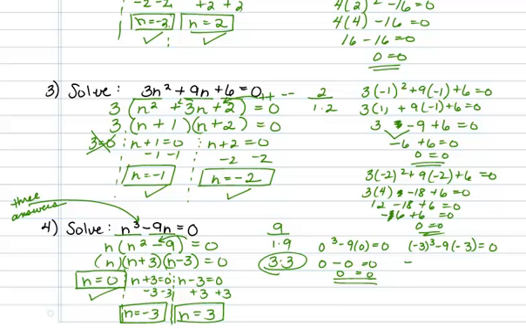The answer is negative. 3 times 3 times 3 is 27. -9 times -3 is plus 27. And that one checks. And last but not least, I'm going to try to squeeze in 3 cubed minus 9 times 3. 27 minus 27 equals 0. That one checks.